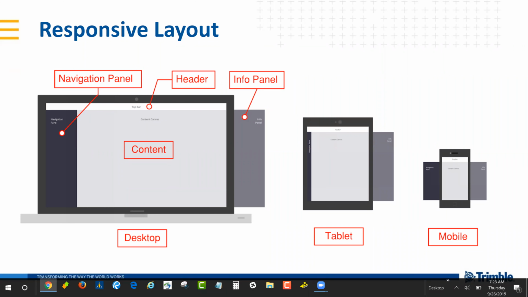You've got the navigation panel over on the left that helps you navigate through the website with content in the center. And then you've got an info panel that will slide in and out. So a lot of the features and functionality have all been built around this to make it very simple. And then as you move down through the different mobile devices, this is just showing how the panels kind of slide in and out.